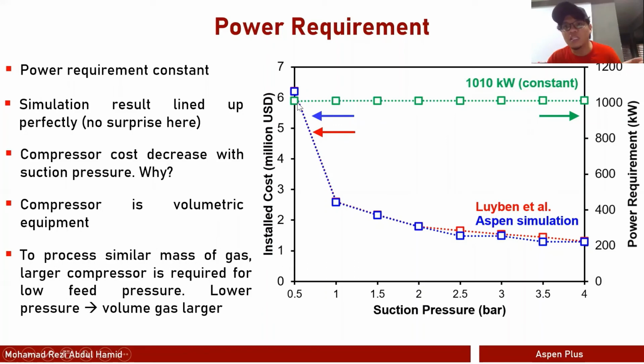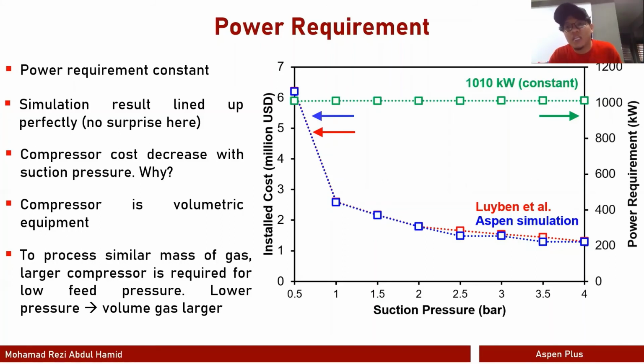If you use the correlation, and you see here that we have a constant power requirement, meaning that regardless of the feed suction pressure, the correlation will give you a constant capital cost. But in Aspen Plus, as proven by me and Lubin et al., as suction pressure increases, the installed cost or your compressor cost decreases, which is totally the opposite observation compared to when we use a correlation.